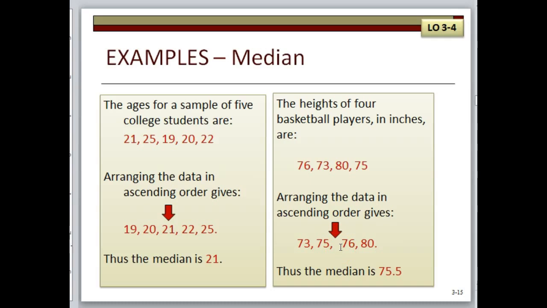And what you're going to do to calculate it is you're going to find the mean or the average. Here you're going to find the middle of these 2 points. And we do that by adding them up, 75 plus 76 divided by 2. Use your calculator if you need to. That's why we have all these resources. And the median is 75.5.